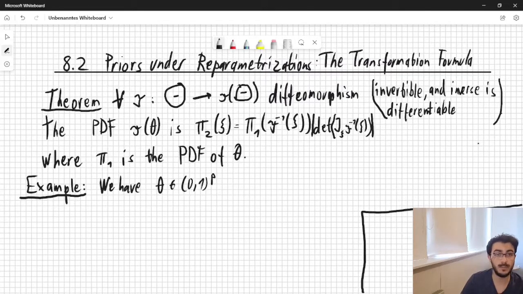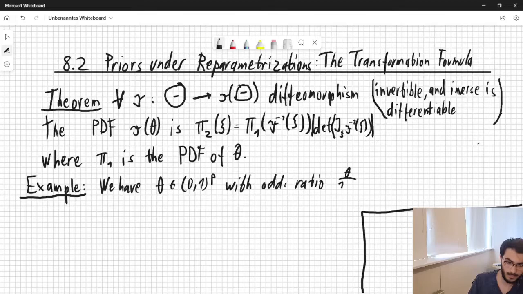And we don't want to express these probabilities by their direct value, but instead we want to give their odds ratio. The odds ratio is defined as the ratio between theta and 1 minus theta. It's very common to express probabilities this way. That's why it's a very nice example, because people definitely do this sometimes. And you could say sometimes we don't.